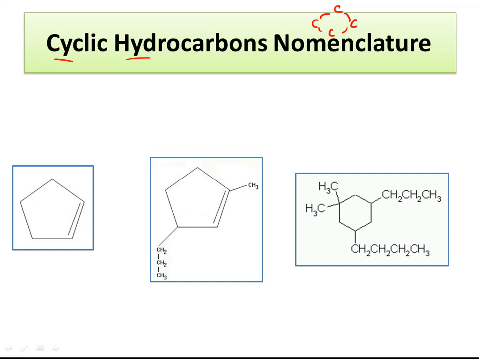Now, another thing is you might find books that present structures like this here. What you need to understand is that at the end of every line there is a carbon. For example, if I look at this carbon here, it has got 2 bonds, so it means this carbon will require 2 hydrogen atoms.